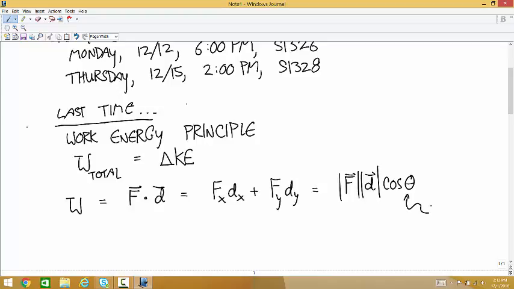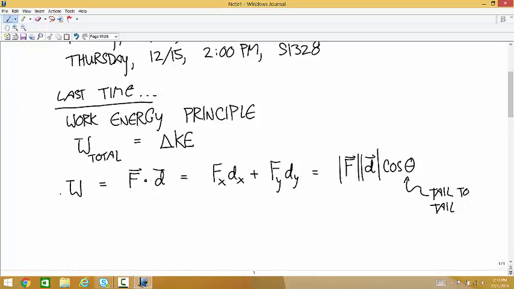That angle has to be calculated with those vectors tail to tail. This way of calculating it requires constant force. So that's kind of an issue.